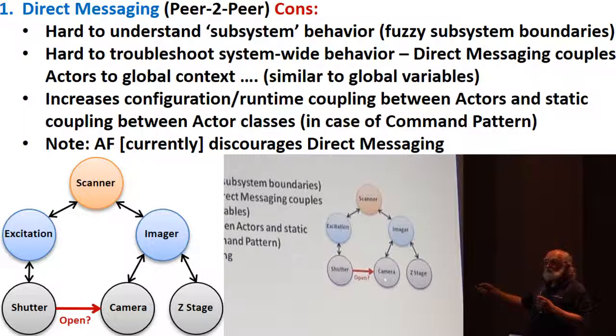You can do it on a small scale. You don't want to do it on a large scale, because eventually it would be very hard to understand what your system does and to troubleshoot it, because you start getting fuzzy boundaries on your subsystem. Your imager is influenced by the global context. Global context is always hard to troubleshoot and to test.